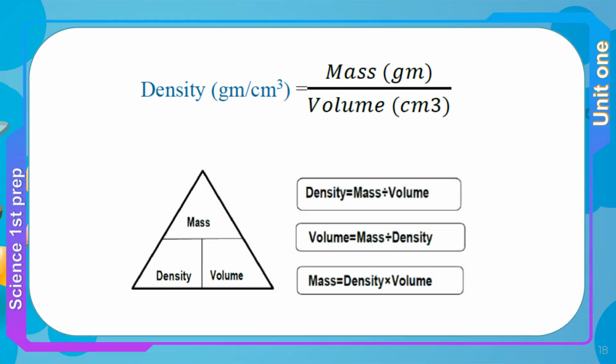So the unit of density is gram per cubic centimeter. Density equals mass divided by volume, or grams divided by cubic centimeters. Gram is the unit of mass, and cubic centimeter is the unit of volume.